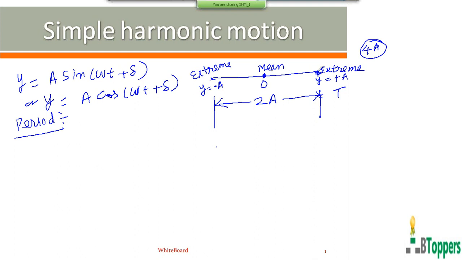Then when it moves from the mean position to one of the extreme positions, then to the other extreme position, then again to the mean position, you can say that it has completed one oscillation. That means after completing one oscillation, it will have the same displacement and the same velocity in the same direction. You can also count the oscillation from any point in its path.